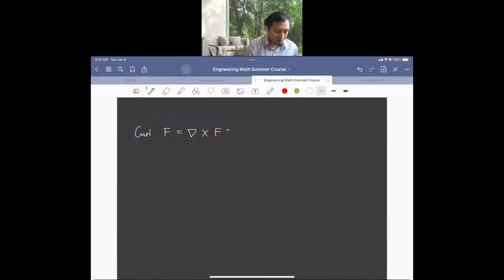Let me write a little bit down here. We take i, j, k, and the del is dou X, dou Y, dou Z. The function is P, Q, R. Now we can do the cross as usual, like we are taking determinants as we have learned before.